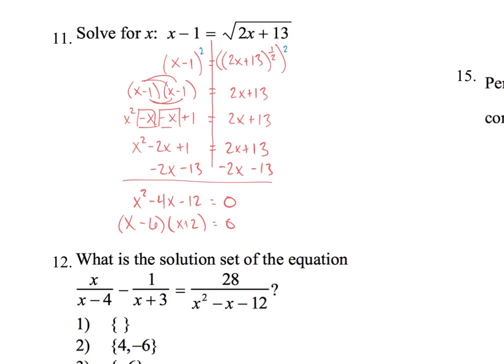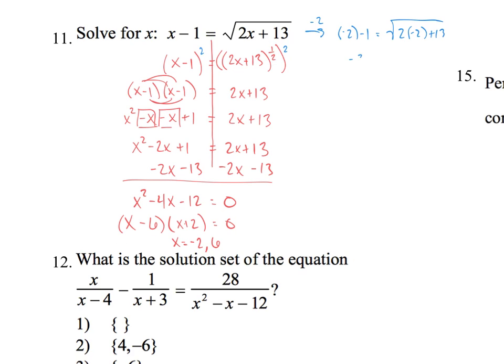So I have either x equals negative 2 or x equals 6, but I only know that those work if I plug them back in. So I have to make sure that I check them. So let's check negative 2. That would be negative 2 minus 1 equals the square root of 2 times negative 2 plus 13.